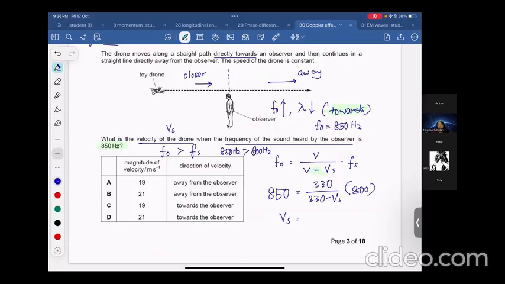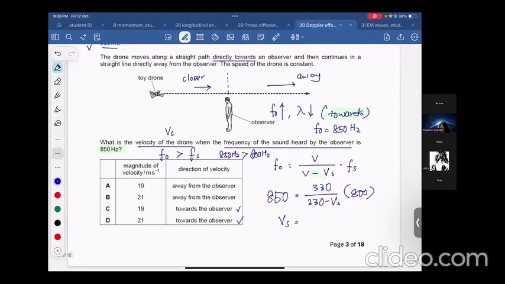Kai-Chen correct. Prasan, towards, correct. Vashini correct. So here, it must be towards.